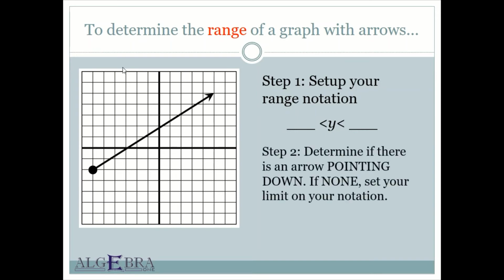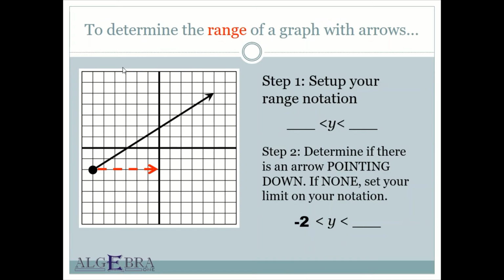So our first question is, is there an arrow at the bottom, or is there an endpoint at the lowest point we see on the graph? Here, our lowest point is an endpoint. So we're going to follow it over to the y-axis. And we're going to say this endpoint hits the y-axis at -2.